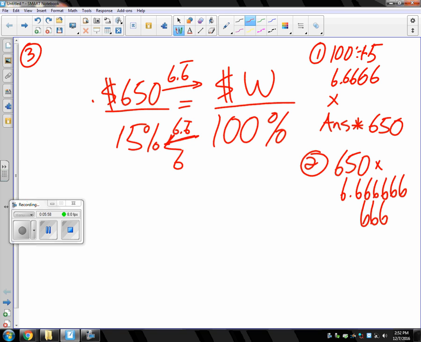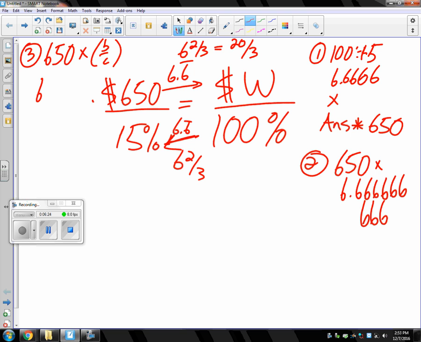Well, that's 6 2/3. So on the top, we're doing 650 times 6 2/3. So in the calculator, we can type 650 times, then we can hit the BC button. Once we hit that, the fraction bar comes up.